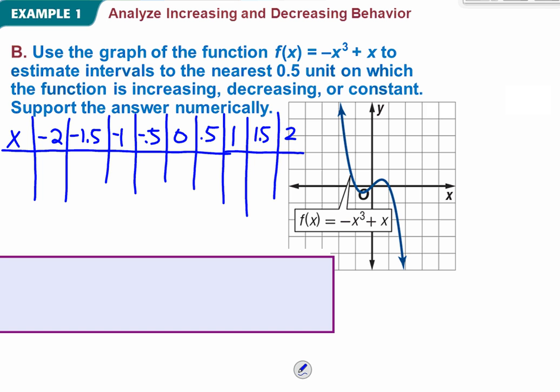Take a minute and see what you get for that table of values. Ashton, do you have that table handy?